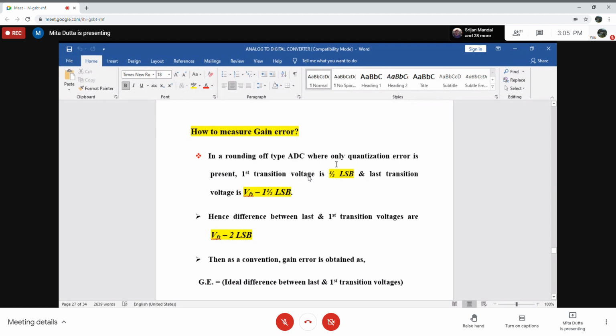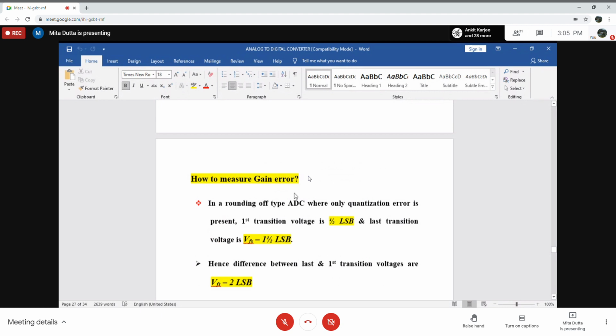Now, in case of a rounding off type ADC where quantization error is present, we know the first transition, that means 000 to 001, occurs at 0.5 LSB, and I have already told you the last transition, that means 110 to 111, will occur at VFS minus 1.5 LSB.